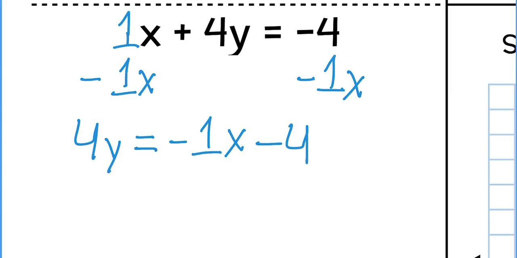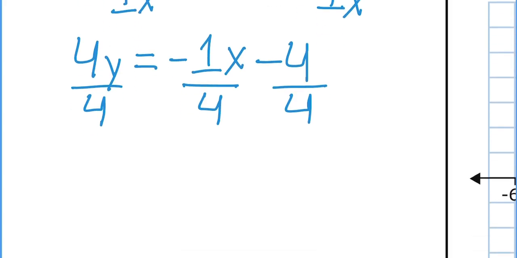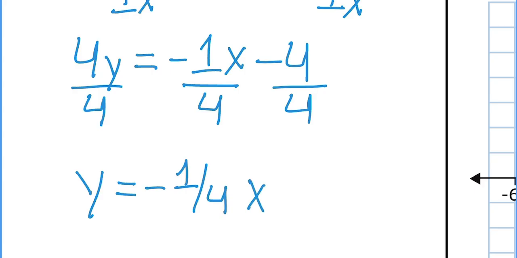And my final step to get y by itself, divide by 4 on both sides. So I have y equals negative 1 over 4x minus 1.